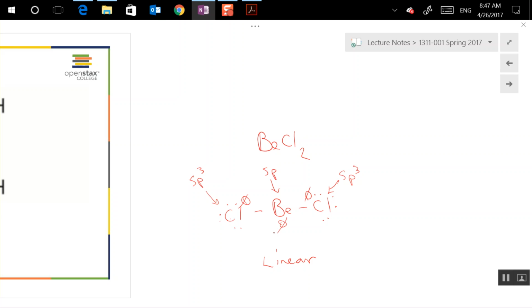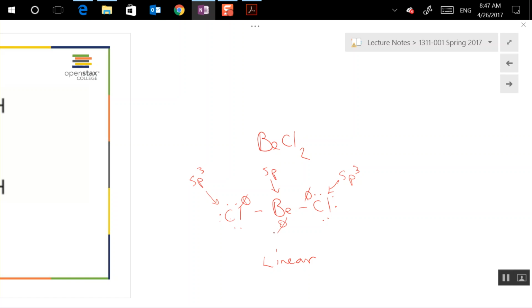Okay, dipole moment. So dipole moments are the polarity of it. What's more polar, chlorine or beryllium? Chlorine is more polar, or I should say it has a higher electronegativity.